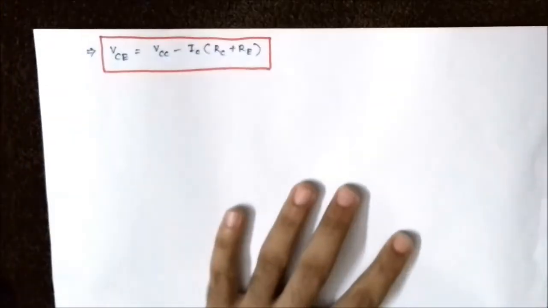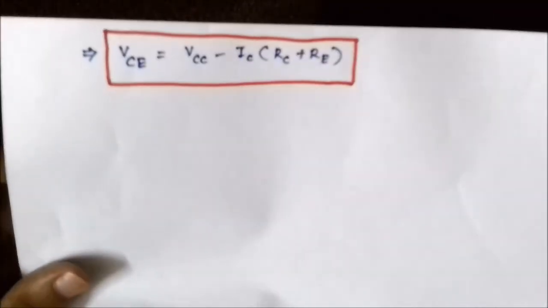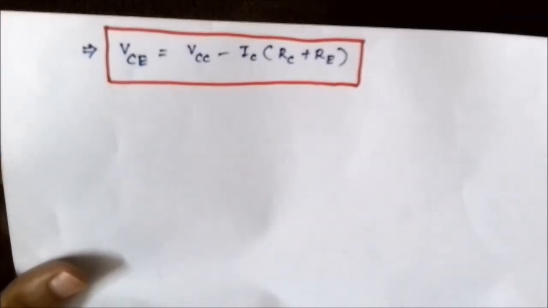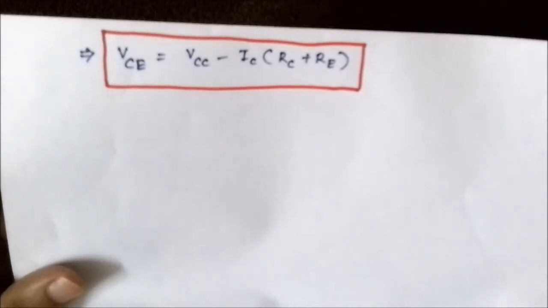VCE is equal to VCC minus IC into (RC plus RE). That is the collector to emitter voltage.